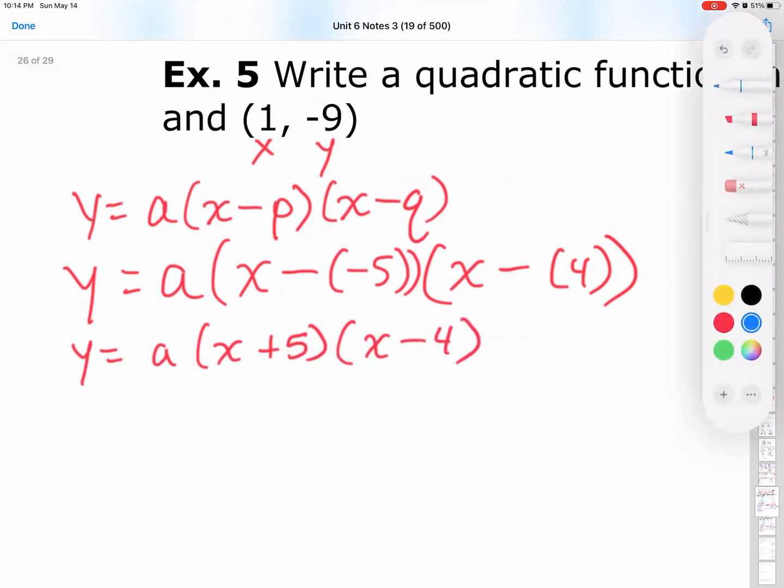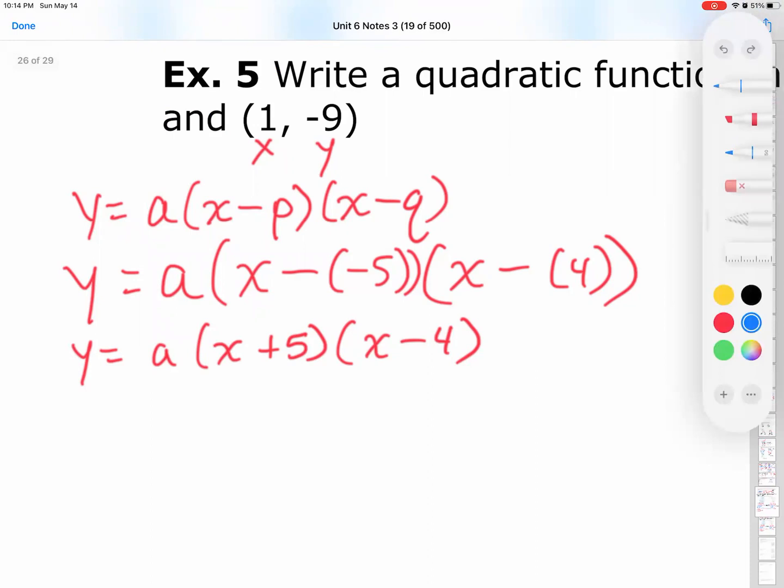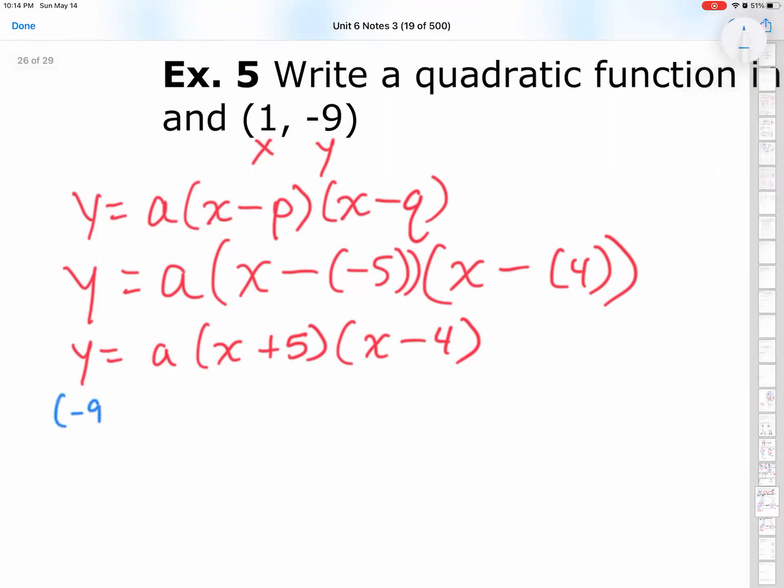Now we do have to find the a value on this one. So we're going to go ahead and place in our x and our y. So instead of y, we've got a -9 there, equals some a times 1 plus 5 times 1 minus 4. And now we go ahead and clean this up.